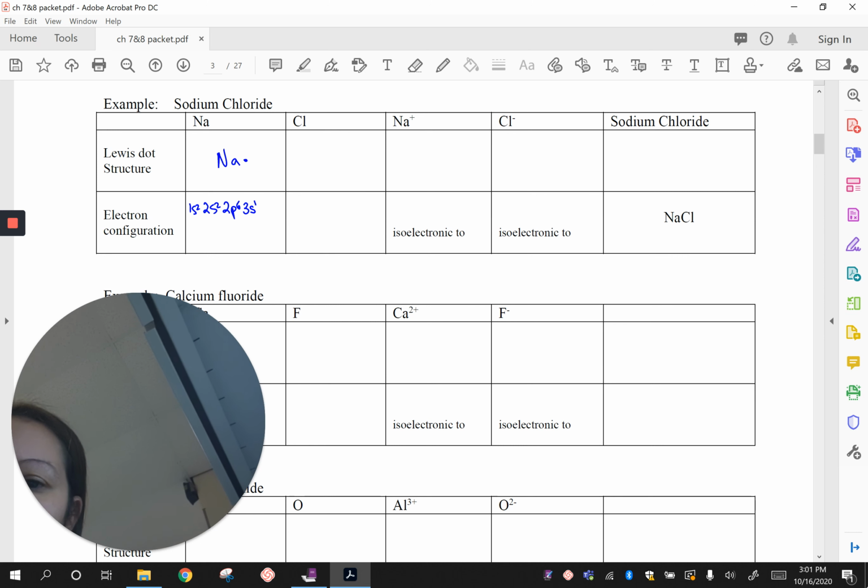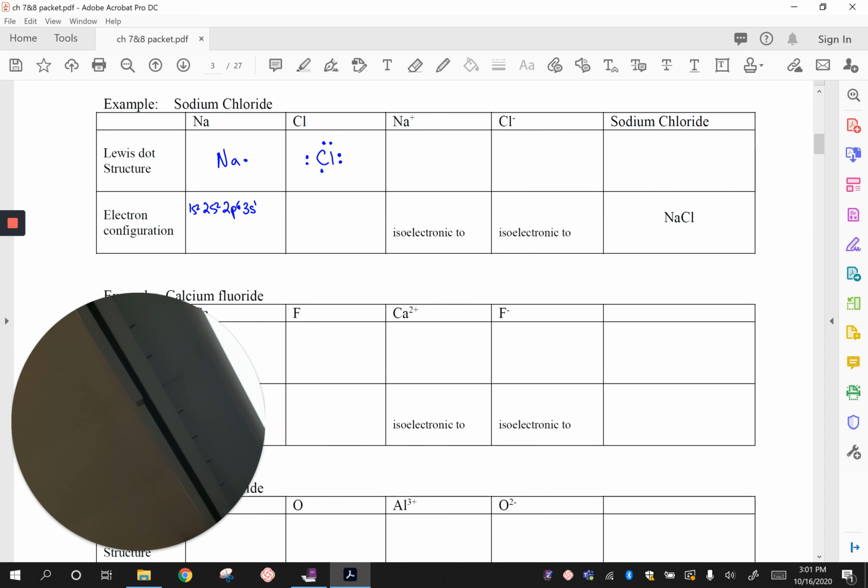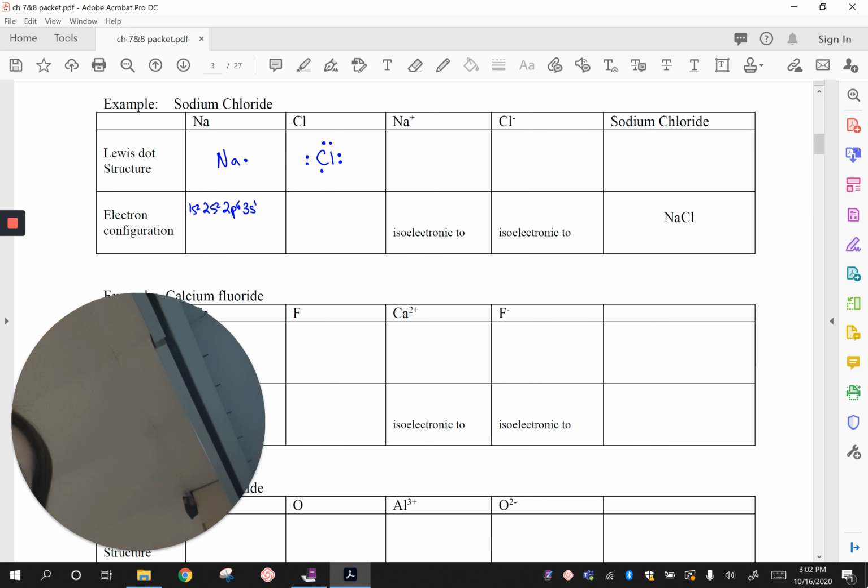For chlorine, chlorine has 7 valence electrons, so there's 1, 2, 3, 4, 5, 6, 7. And for its electron configuration, I'm going to use the noble gas shortcut. So I'm going to use neon, then 3s2, 3p5.